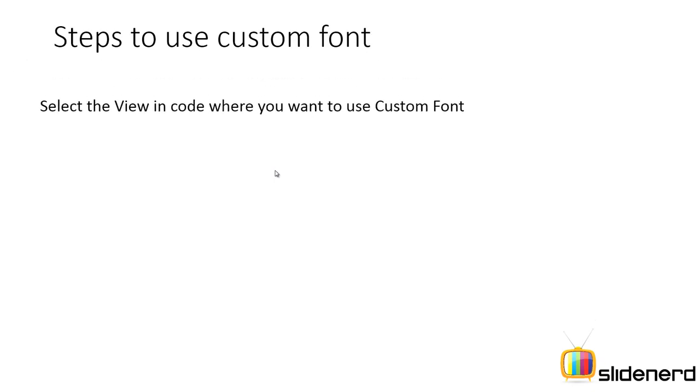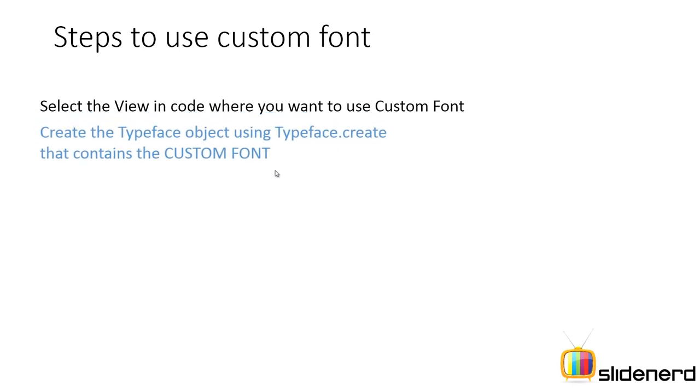First of all, select the view inside code where you want to use custom font. Now it may be possible that you have a text view inside which you want to load custom font and it is there inside XML. You need to bring that text view inside Java code. Second, use the Typeface object by using the Typeface.create methods that contain the custom font.